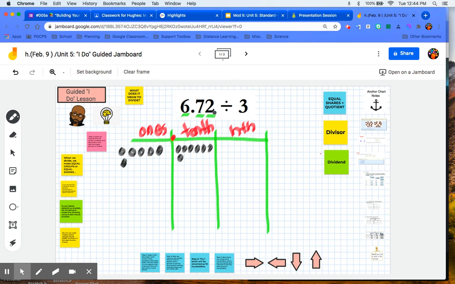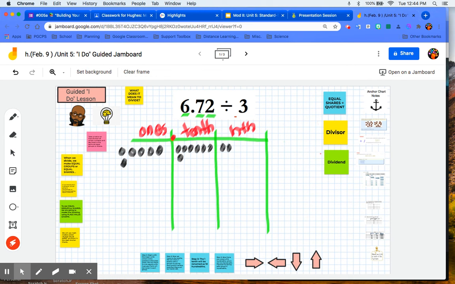And how many hundredths do I have? 1, 2. 6 ones, 7 tenths, 2 hundredths. My dividend is shown.